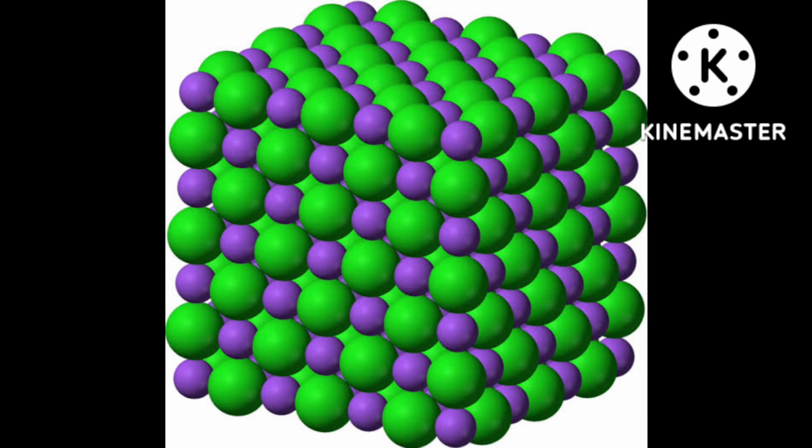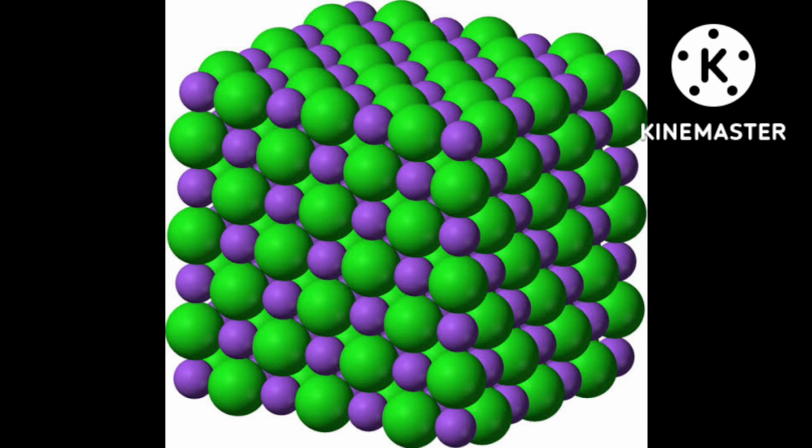Suppose two atoms are there. In both atoms electrons will be there, and in both atoms protons, or a nucleus, will be there. The nucleus is positively charged, and with the same charge, repulsion will be there.